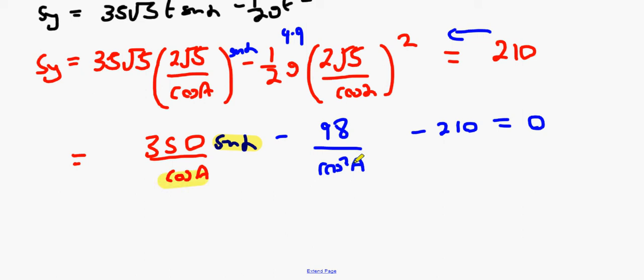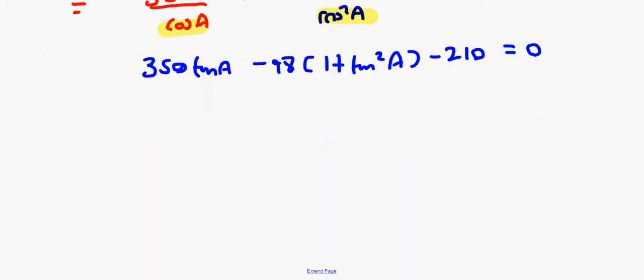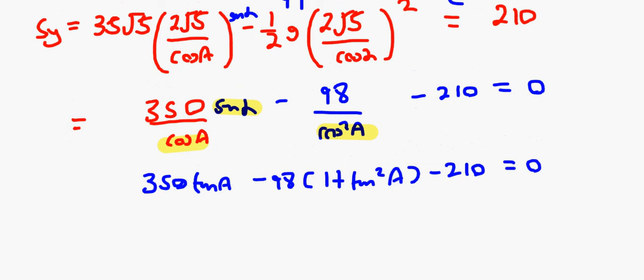This part here and this part here, what are we going to do? Yeah, so 350 tan A minus 98 times 1 plus tan squared A minus your 210 equals 0. And then what we should get is minus 98 tan squared A plus 350 tan A.